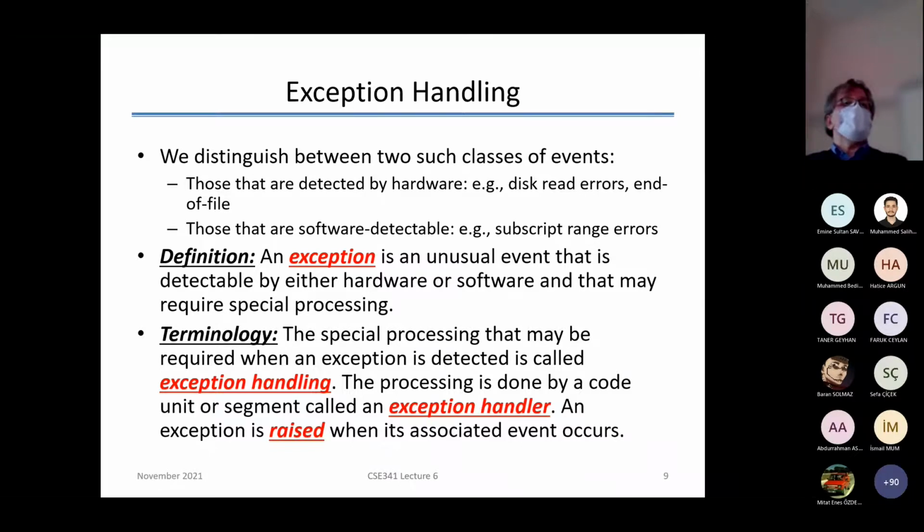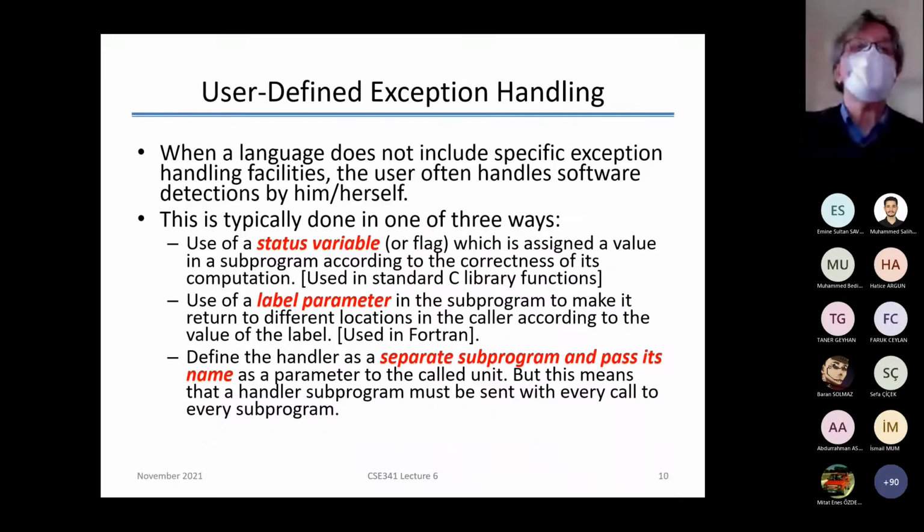This processing is done by a code unit or some sort of segment called an exception handler. The handling process is doing that, and the code to do this is the exception handler. An exception is raised or thrown in some cases when the associated unexpected event happens.